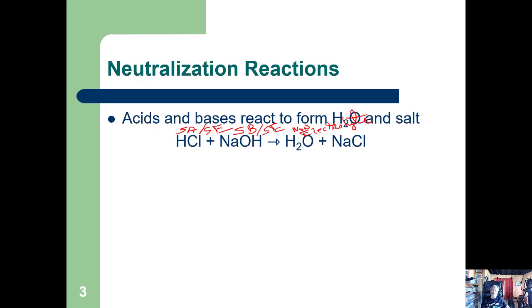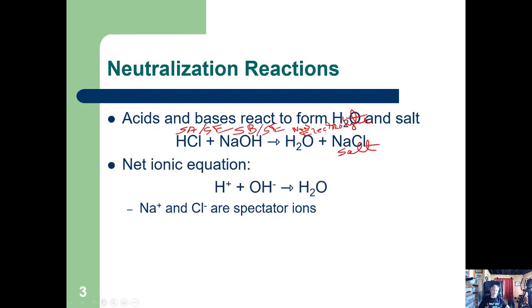The other product of this is a salt, and this is just a set of spectator ions in this strong acid, strong base reaction. So the net ionic equation for this strong acid, strong base reaction is just H plus OH minus makes water. This is going to be the nuts and bolts of your acid-base neutralization: the hydrogen ion, the proton representing the acid component, and the base component, the hydroxide ion in this Arrhenius definition.